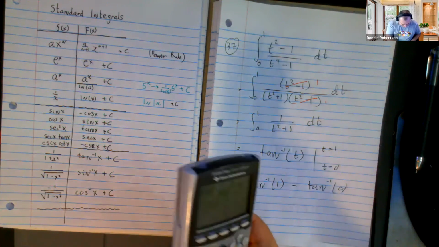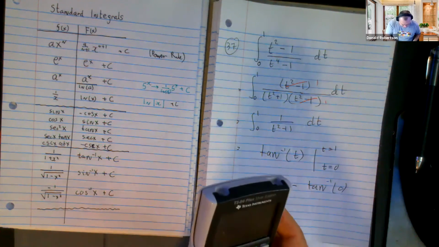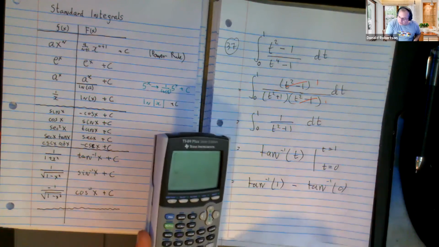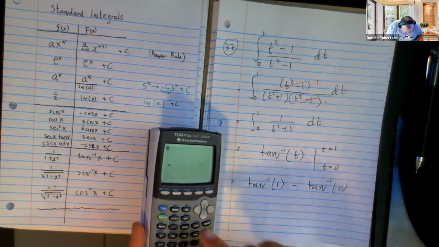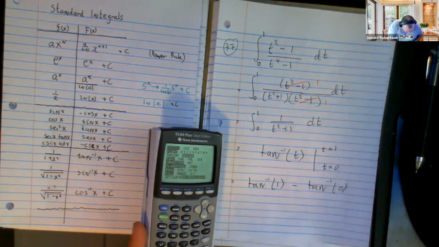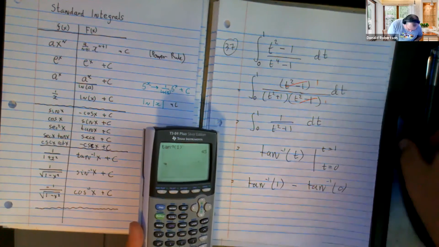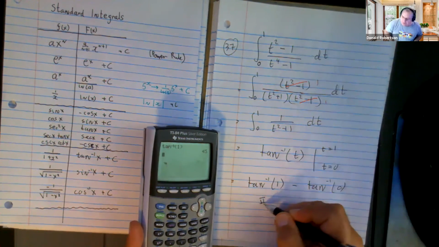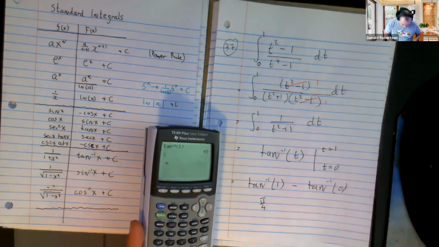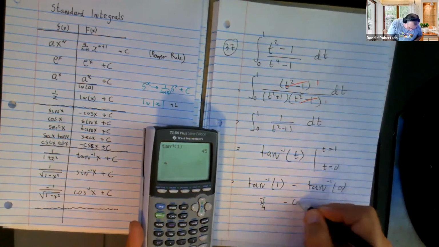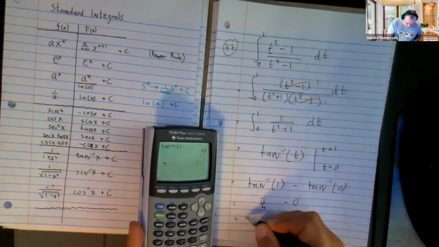When you do inverse sines, inverse coses, inverse tans, you can let your calculator do most of the hard work. Make sure you're in degrees, which we are. Inverse tan of 1 first. Inverse tan of 1 is 45 degrees. And then turn that into radians. Hopefully you know how to do that. 45 degrees, and that one is 0. So there's your answer.